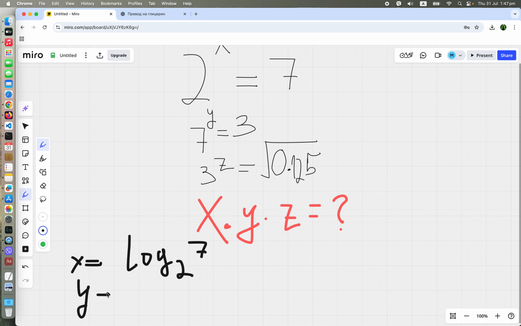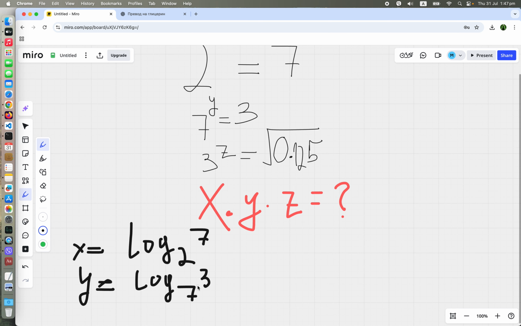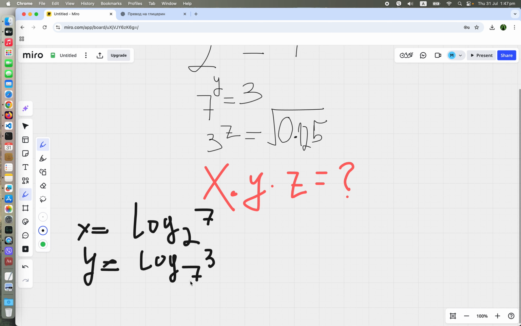Y, with the same logic, is gonna be logarithm base 7. It's called base 7 because we power 7 to some power, which is y, and that's of 3. That means which power of 7 is equal to 3, that's gonna be y, and that's logarithm base 7 of 3.